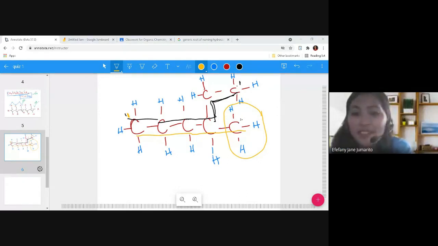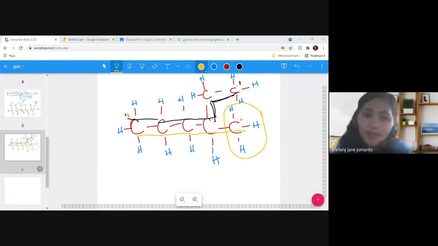Okay, we count on the right because our substituent is nearest. When we count, let's make sure that our substituent gets the lowest number.